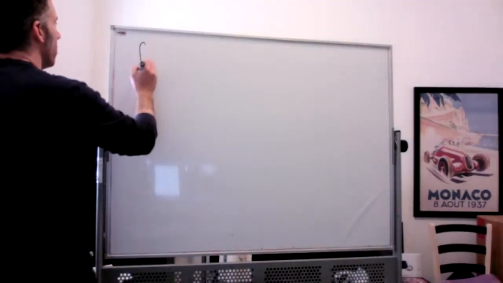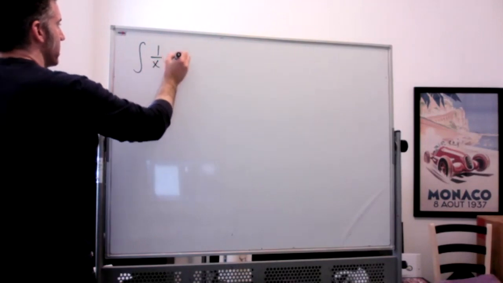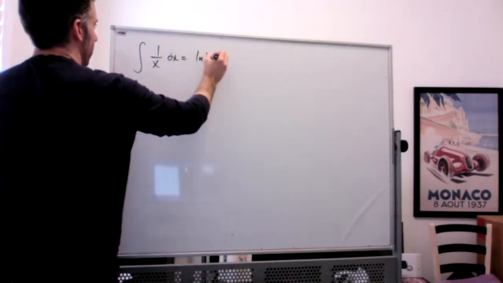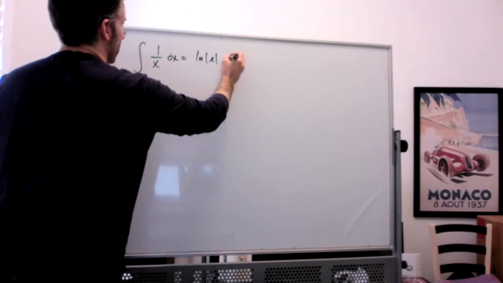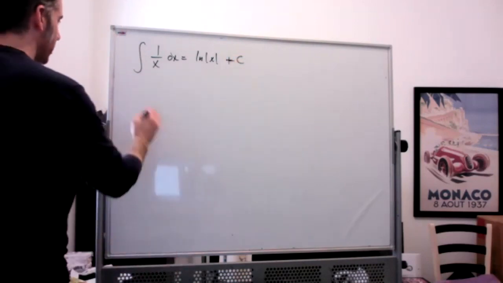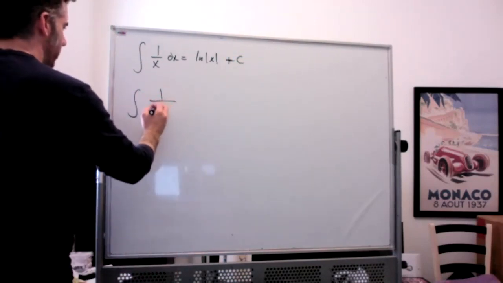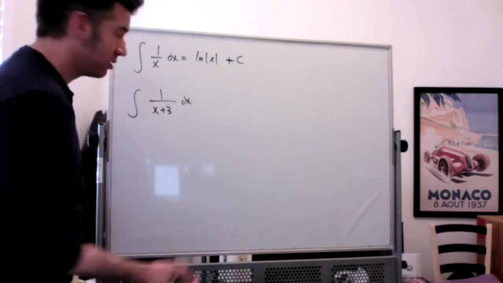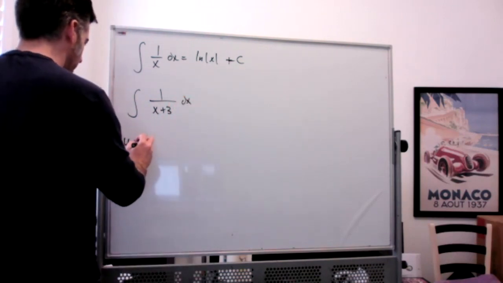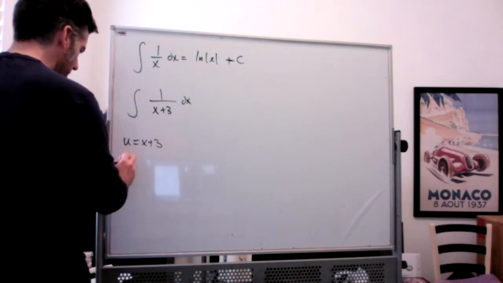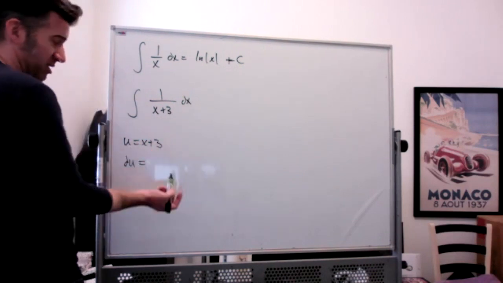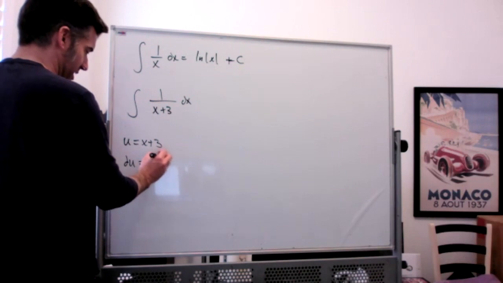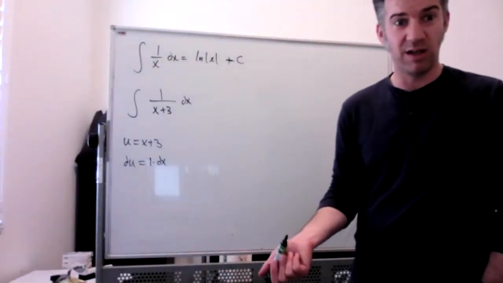So we know the integral of 1 over x dx is equal to the natural log of the absolute value of x plus c. Now, what about the integral of, say, 1 over x plus 3? Well, we could do a u sub. We could let u be what's stuck in the denominator. Du is equal to, well, the derivative of x is just 1, so it's 1 times dx. That's kind of the easiest u sub ever when u is just x plus a number.